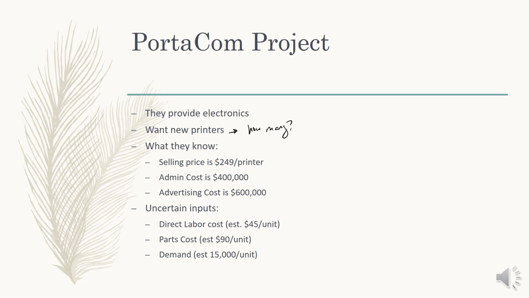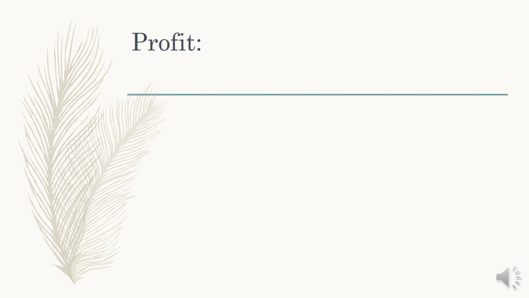What we're going to do is figure out some sort of simulation to see what's the first year profit. Now, as far as profit goes, we're going to let X be the number of printers. And that's our variable. How many printers did they actually do? For our equation for profit, we need to figure that out.